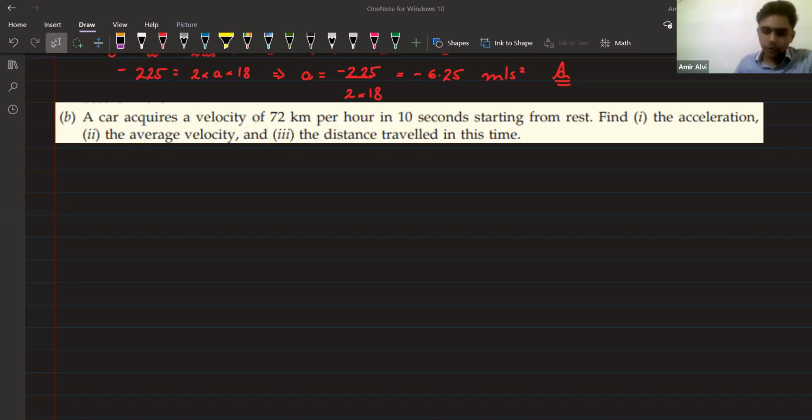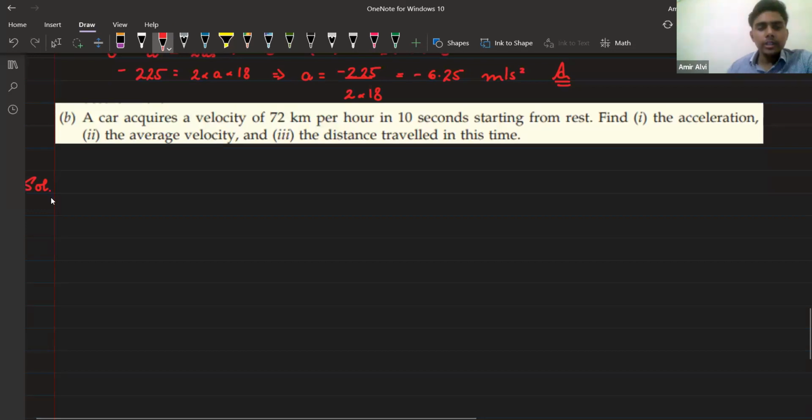Okay, let's quickly do this question together. The question says a car acquires a velocity of... I got the answer from Sarah Khan, 7.2 meter per second, distance traveled will be 360. Okay, so average velocity is left only by Sarah. Anyone wants to answer?